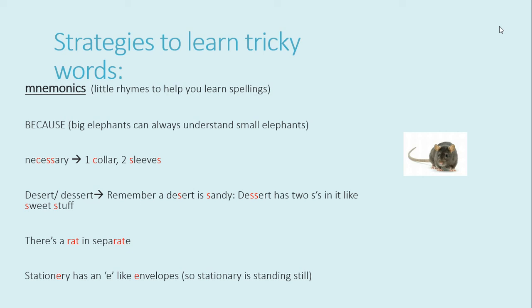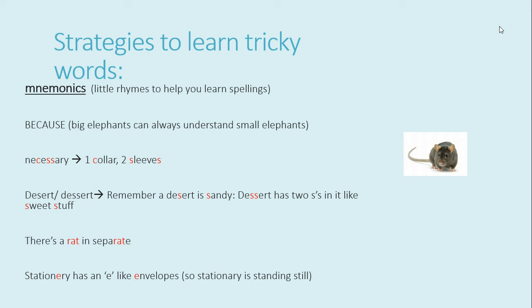You have one collar on your shirt, which begins with C, and you have 2 sleeves on your shirt. So C for collar, 1 C in necessary, 2 S's in the word sleeves, 2 S's in necessary. Doesn't always work for everyone, but it can help.